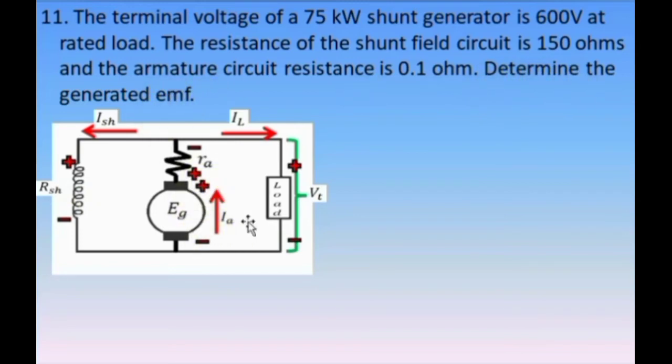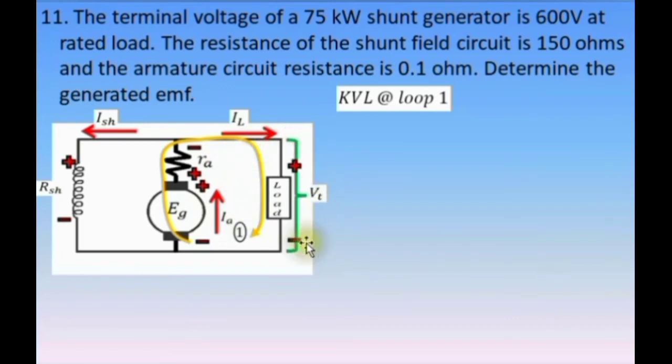For this problem, we will be needing this loop where we will be solving this problem based from the given values. So let's say that this is loop number 1. Kirchhoff's voltage law at loop number 1, we have first positive EG. The next, negative RA, multiply this by IA. Then lastly, we have negative VT. Therefore, we have positive EG minus IA times RA minus VT equals 0.